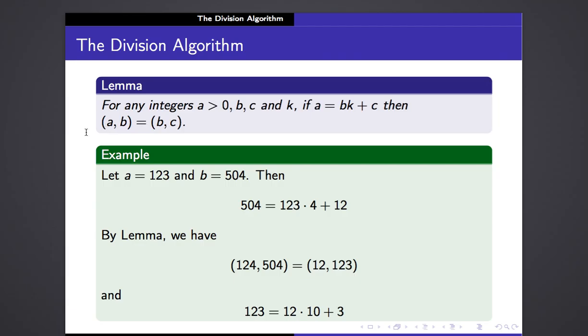So here's a lemma I would like to talk about, which is actually very important for finding the greatest common divisor of two integers. To give you a heads up, when you have two small numbers, you find no problem finding the greatest common divisor.